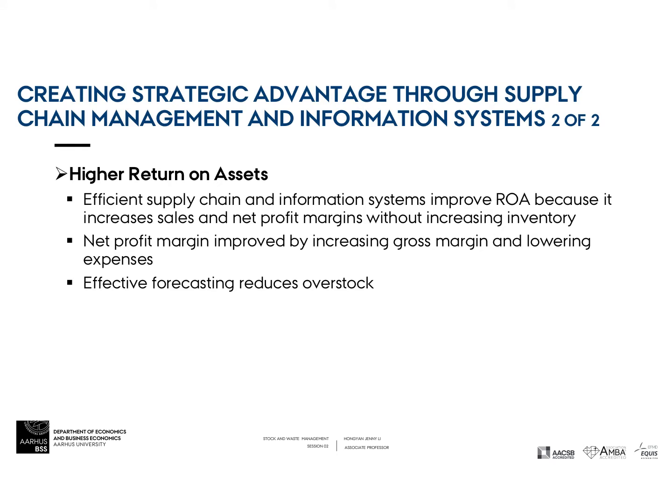Efficient supply chain and information systems improve return on assets because they increase sales and net profit margins without increasing inventory. So here, be careful, we're talking about increasing the profit margins and customer service without increasing inventory levels. Net profit margin is improved by increasing gross margin and lowering expenses.